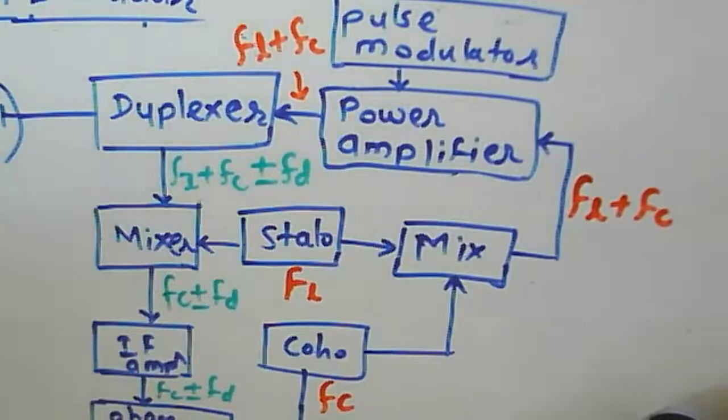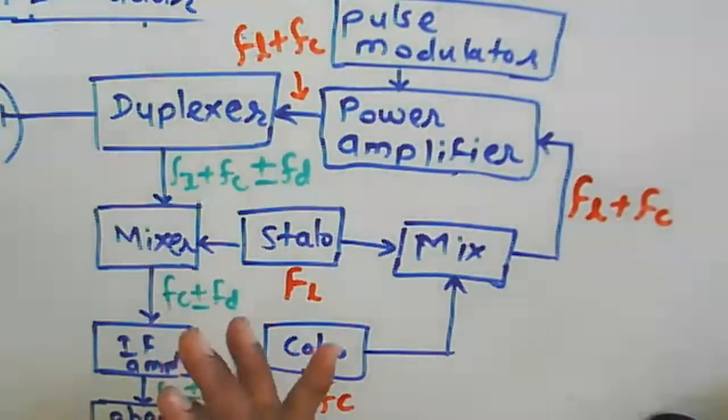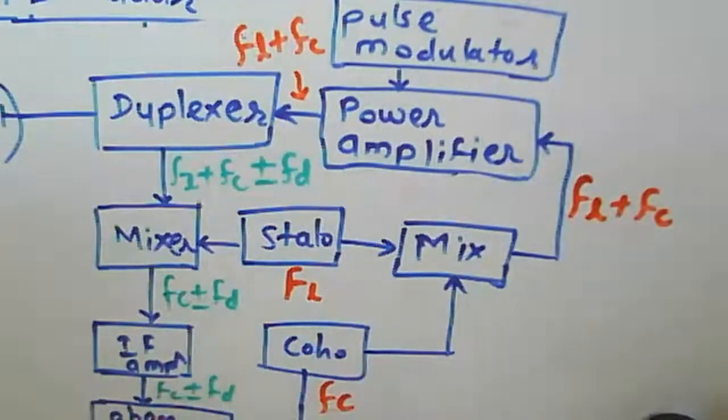Now we will proceed to understand the MTI delay line canceller. Generally the MTI delay line canceller is used to reject stationary clutter, because we are getting the echo from the stationary object. This device is used to remove the clutter from the stationary object.